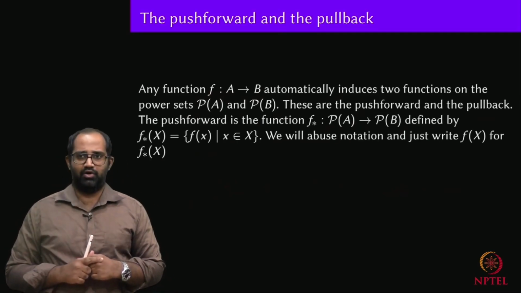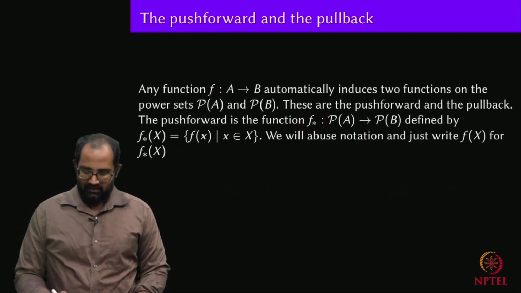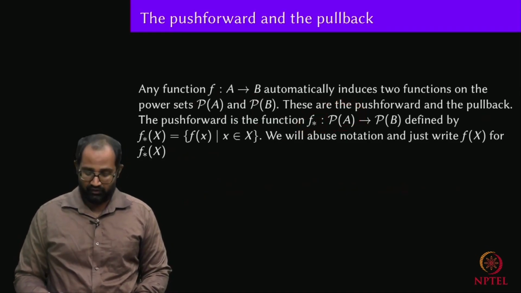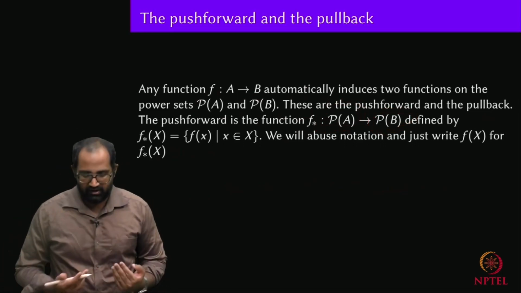What does the push forward do? It is denoted f lower star. It is a function whose domain is the power set of A and whose codomain is the power set of B. And what does it do?